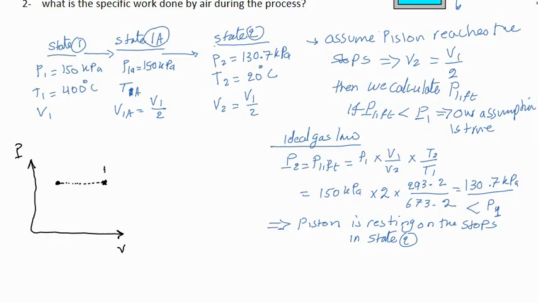So this is state 1. This is state 1A. And then when the piston reaches the stops, the pressure started dropping at a constant volume. This was our pressure 1. This was our pressure 2.